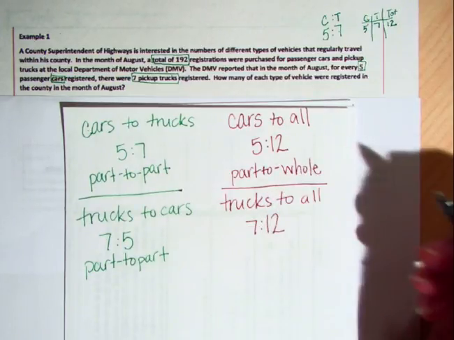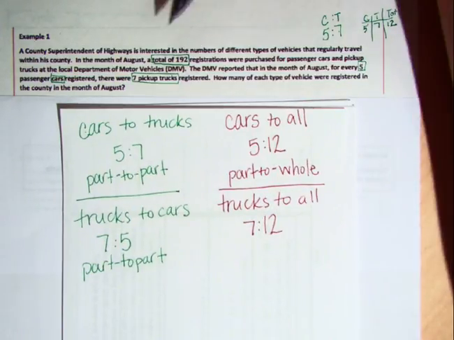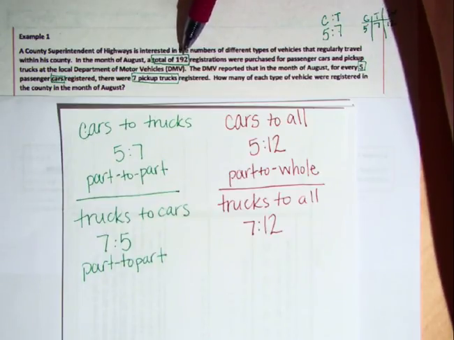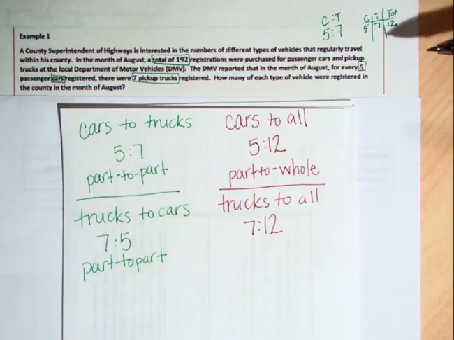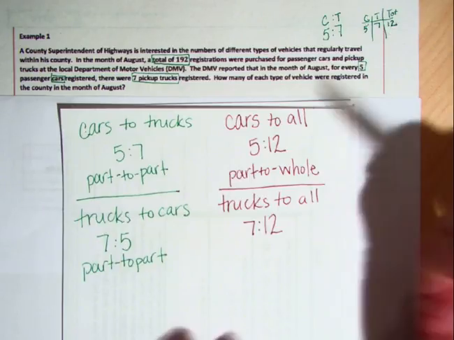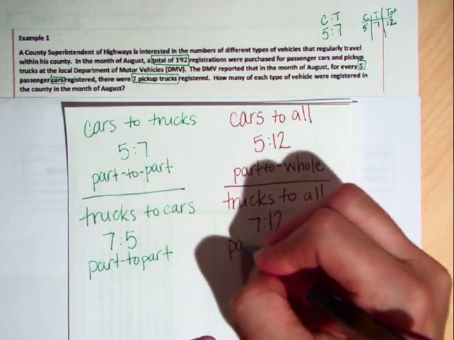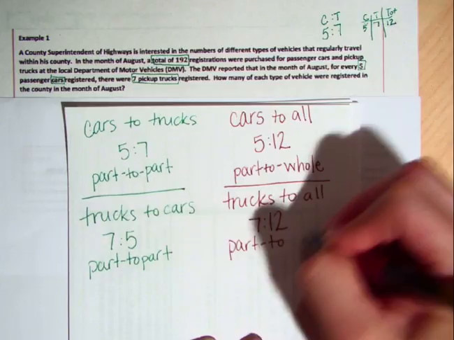Now, this is a little bit tricky because we know that all of them is 192. But in our ratio table, our total is 12. If you think back to the soccer problem we did a few days ago, we know that we had to keep going until we had enough. So we're going to kind of do that, but we're going to do a shortcut way to do that. Okay, this is still part to whole.